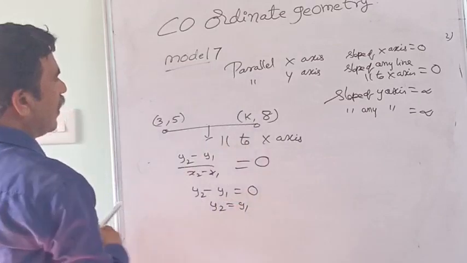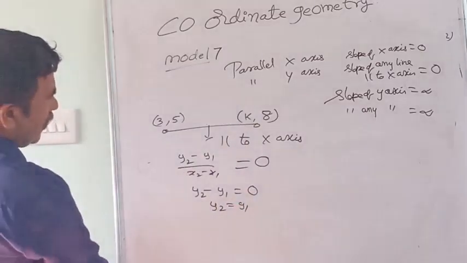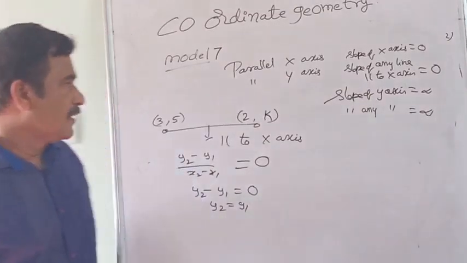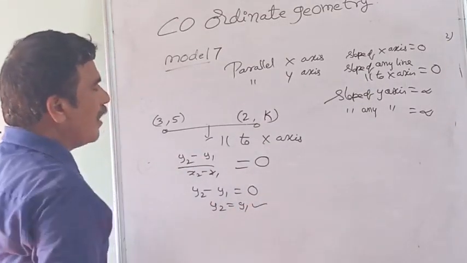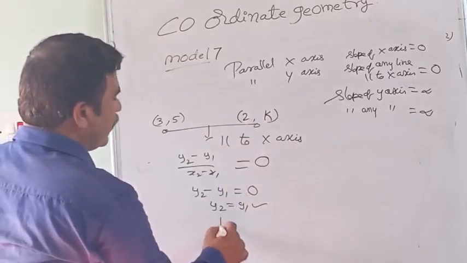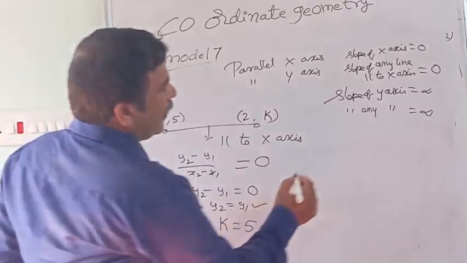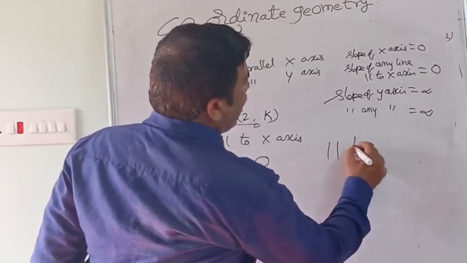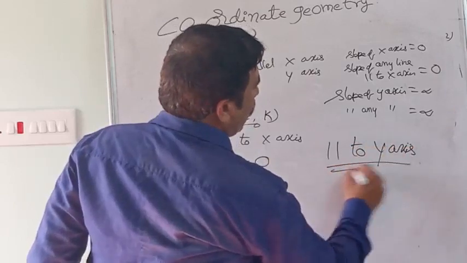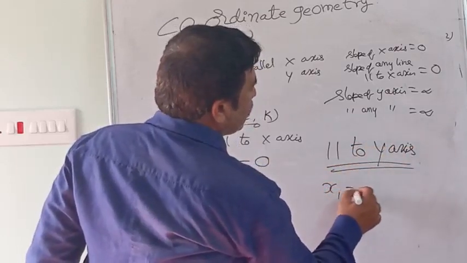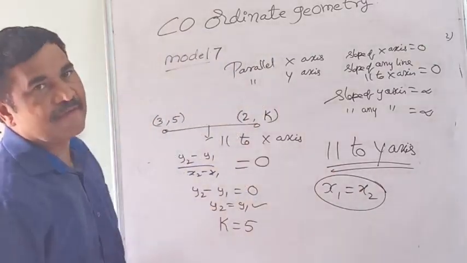That means, say parallel to x-axis, what we got is y1 is equal to y2. Therefore, k value is equal to 5. Similarly, if parallel to y-axis came in the question, in such a case what you will take is x1 is equal to x2. Then the missing value we can find. Okay.